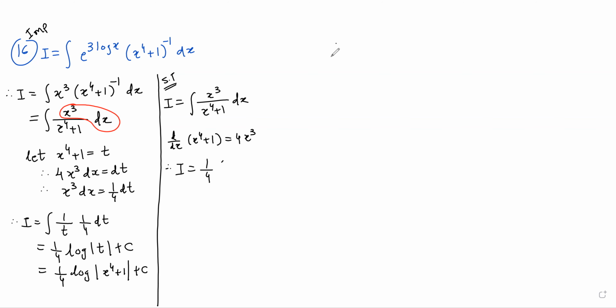So 1 by 4, 4x cube upon x raised to 4 plus 1 dx. So 1 upon 4 log mod x raised to 4 plus 1 plus c. This one is your shortcut method. No need to write these steps. You can do it orally. If they are asking MCQ, directly write 1 by 4 and multiply by 4 in the question paper and tick mark your correct answer. Okay.